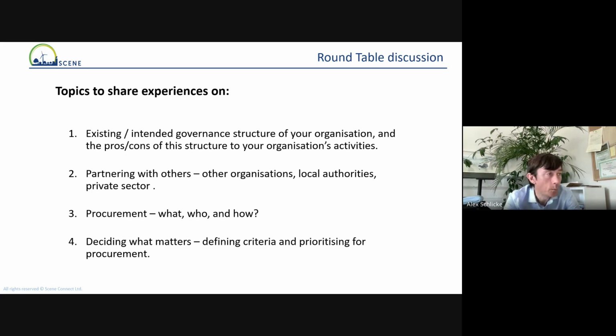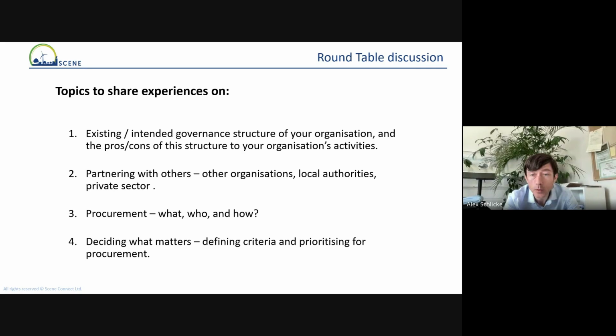I'll just pick up on one of the other models that was mentioned in the introduction that hasn't been discussed yet. So this is a community land trust, and yeah, this is a familiar model for certain communities when it comes to things like building housing or other forms of built development or land ownership.